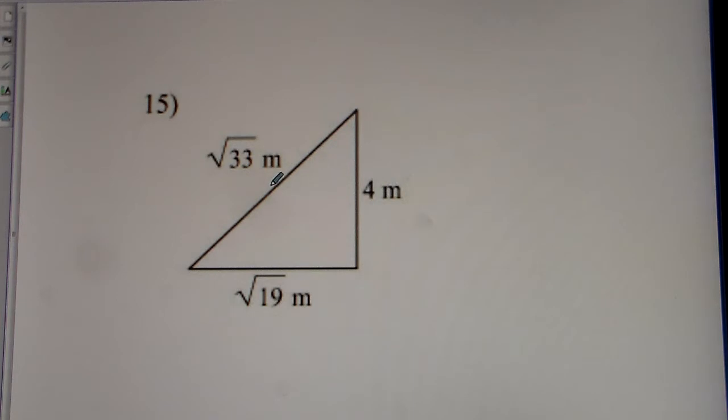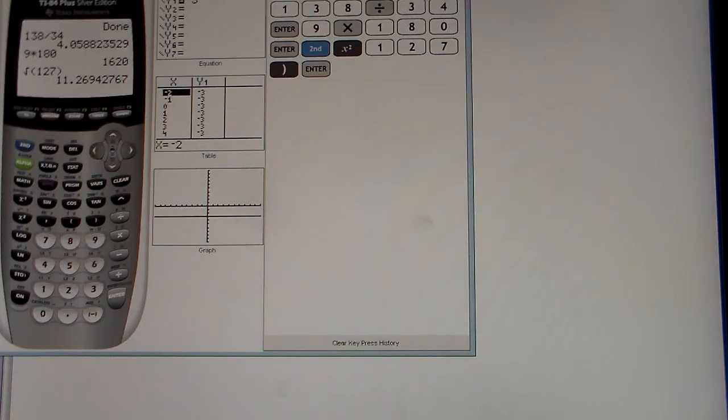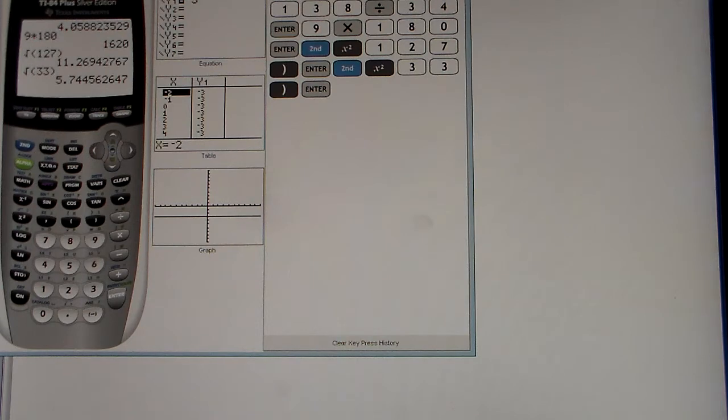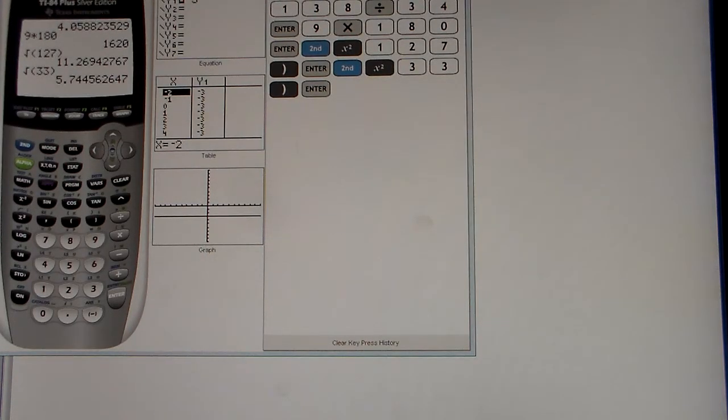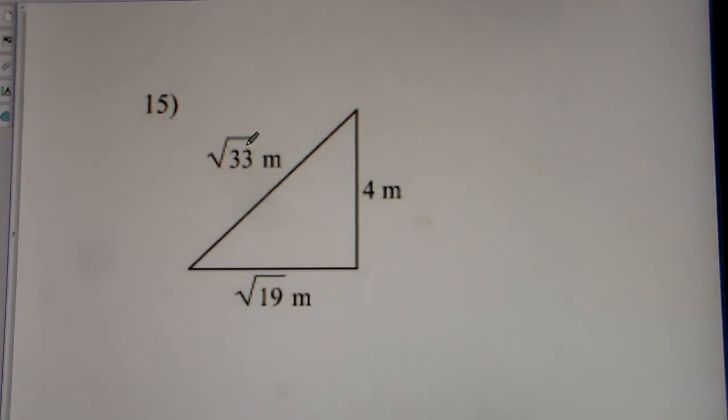Next up is number 15. We find out what the square root of 33 is. We're going to find the biggest of the square roots. That's 5.7. And the square root of 19 is a little bit smaller. So the square root of 33 is going to go all by itself. And a squared plus b squared equals c squared.